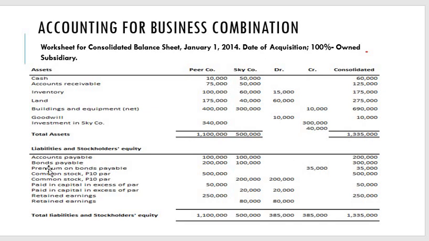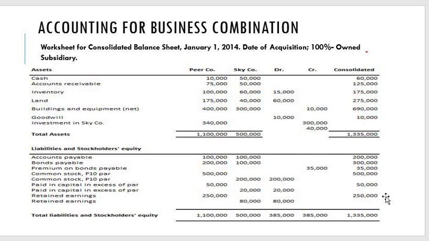Then the premium on bonds payable recognized in our eliminating entries, that's 35,000, so consolidated, that's 35,000. And then, right, we have eliminated the equity accounts of the subsidiary. Therefore, the equity accounts forwarded to the consolidated column are those of the parent, Peer. That's 500,000 of common stock, paid-in capital in excess of par of 50,000, and retained earnings of 250,000.